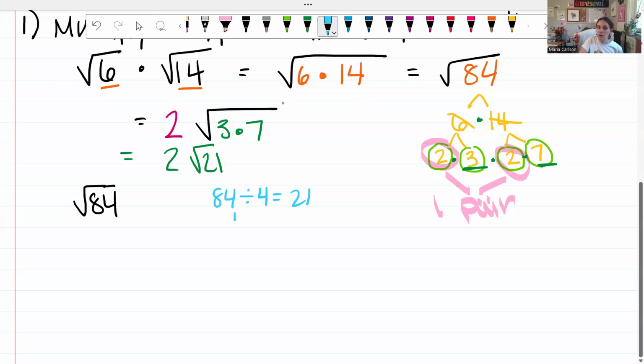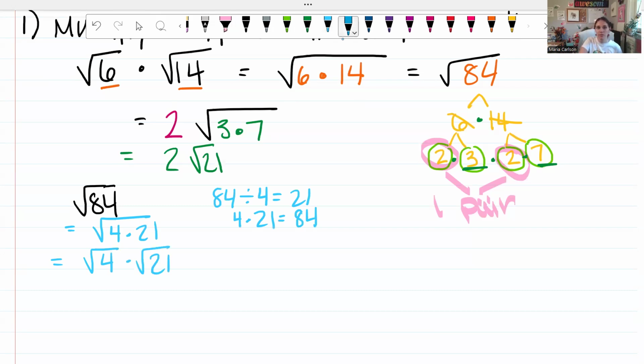So that means 4 times 21 is 84. So I could rewrite the square root of 84 as the square root of 4 times 21. And that's really just the square root of 4 times the square root of 21. And the square root of 4 simplifies to 2. So this is really 2 square root of 21.